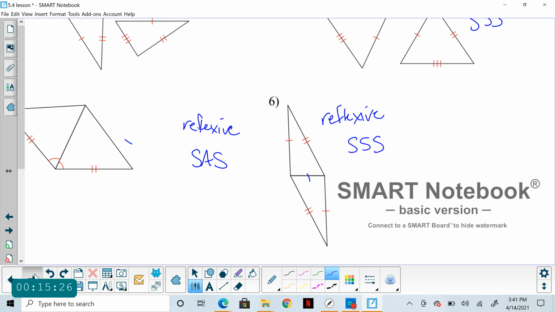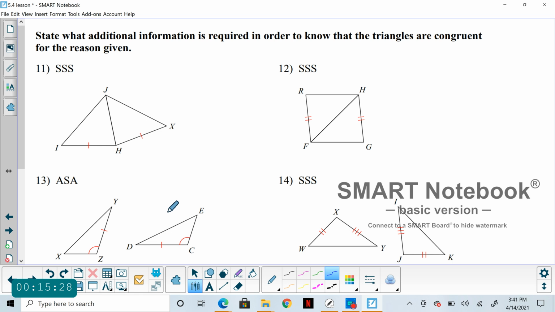All right, so here, what information do we need to say that these triangles are congruent by side, side, side congruence? Well, we know this side is congruent. We can say that this side is congruent because of the reflexive property. So to do side, side, side, we need the third side.